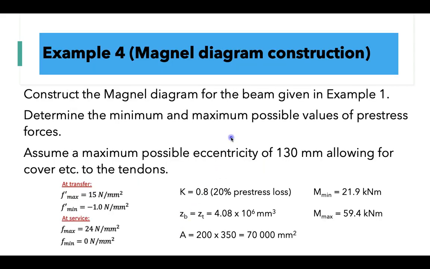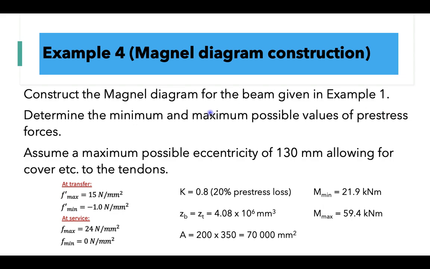Now we go through the example. When we go through the example, it would be much easier for you to understand the Magnel diagram construction. For this question, it requires us to construct a Magnel diagram for the beam given in example 1, so we are still proceeding with the first example.